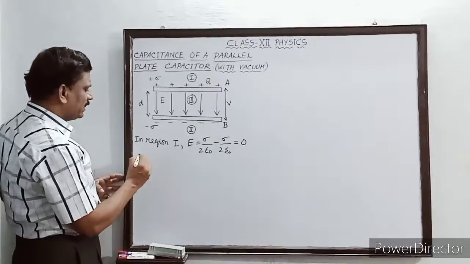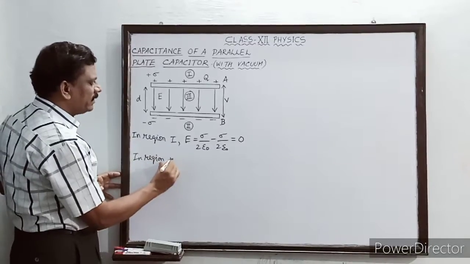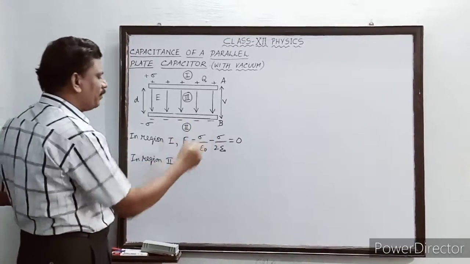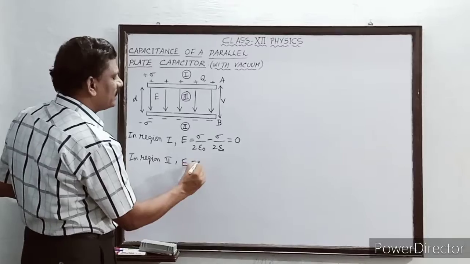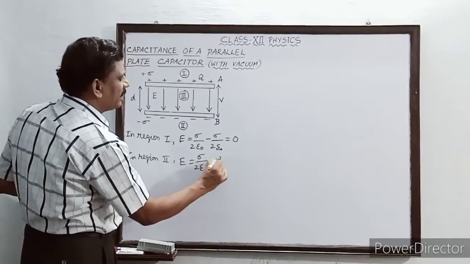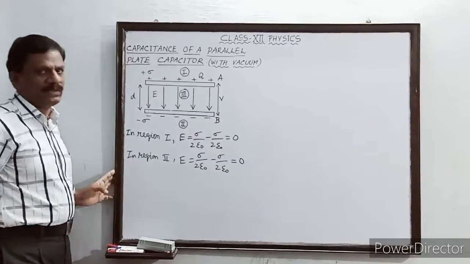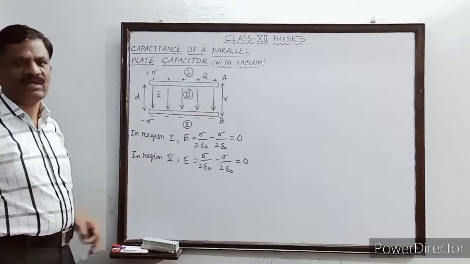And in region 2, below plate B, here also it is sigma by 2 epsilon naught minus sigma by 2 epsilon naught, which is equal to 0, as an application of Gauss's law.